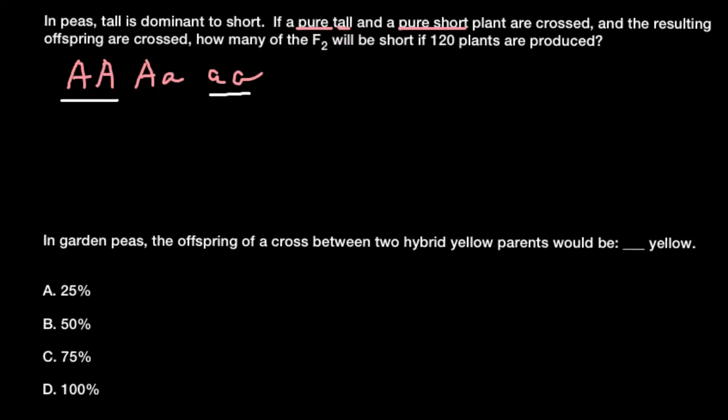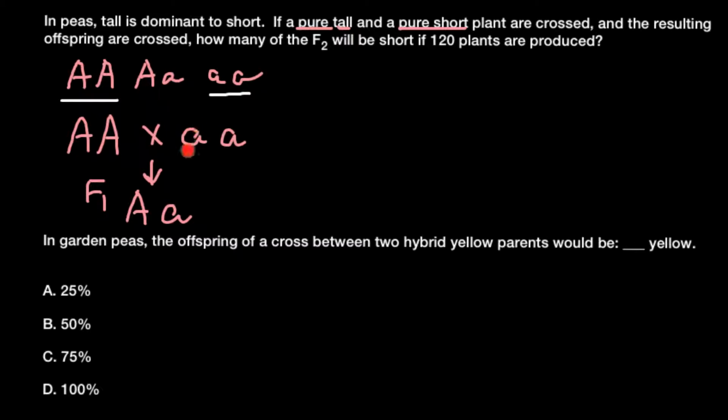So we are told that two plants were crossed, pure tall, which is going to be capital A, capital A, and pure short, small a, small a. Such a cross would produce an F1 generation that is going to be heterozygous for this trait, capital A, small a, because each parent can only donate one of its alleles, and both alleles would be the same.